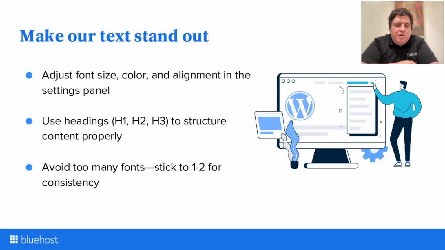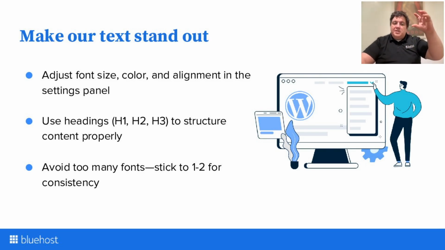Use headings to structure content properly. So what that means is just the biggest one is header 1, then header 2, and header 3. If all you're trying to do is change the size of something, then just change the size. But the reason that there's header 1, header 2, these kind of levels, is it gives the page some structure, so you can understand that something goes underneath something else.